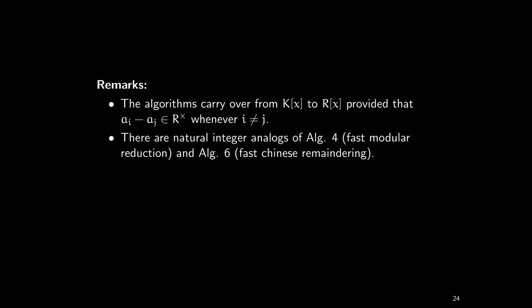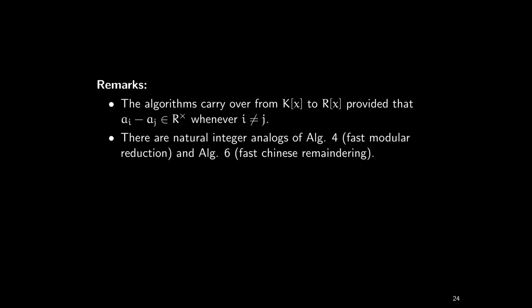This means you have a very long integer and you have a bunch of primes and you want to compute the homomorphic image of the long integer for each of these primes. And you can do this fast, essentially in linear time. So the complexity there is O(M(n) log n) as well, but n is now the number of digits and M is the integer multiplication time. And the interpolation problem translates into the Chinese remainder algorithm. So the problem is again the same.